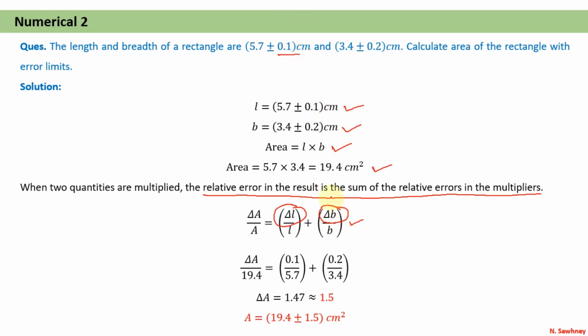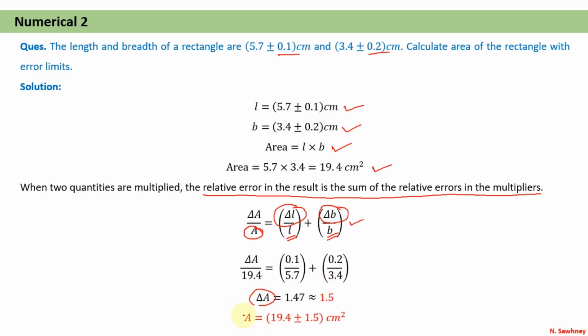Del B, that is the absolute errors, are given in the question as 0.2, and the length is given as 5.7 and the breadth is given as 3.4. Area we have just calculated as 19.4. Putting down all the values, we are able to calculate the absolute error, that comes out to be 1.5.